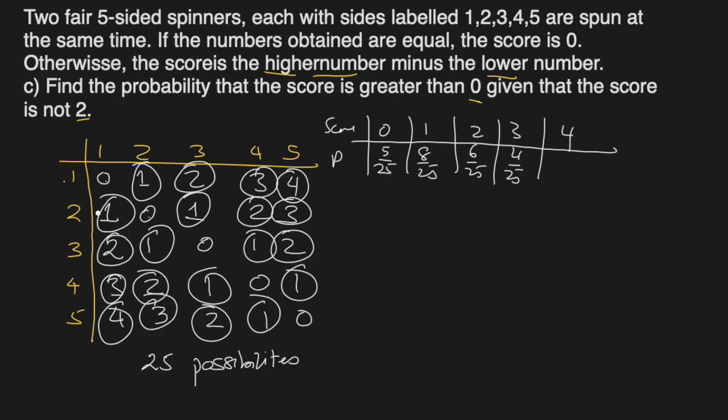That's it. There is no one which is not circled. So 2 out of 25, and their sum should be 1. 25 out of 25. So 5 plus 8 is 13, 19, 23, 25 done. This is the probability distribution.